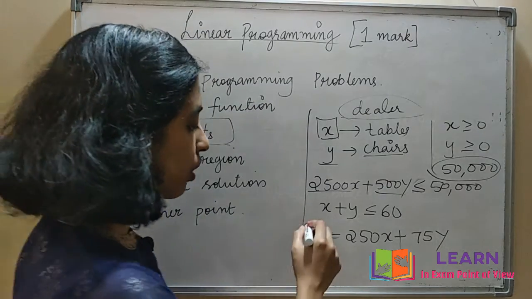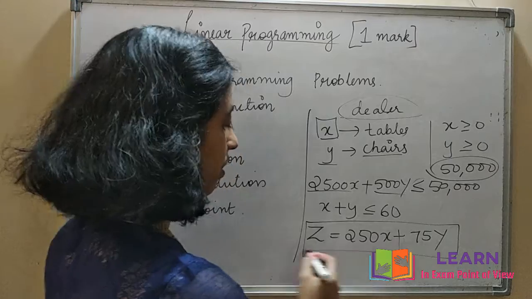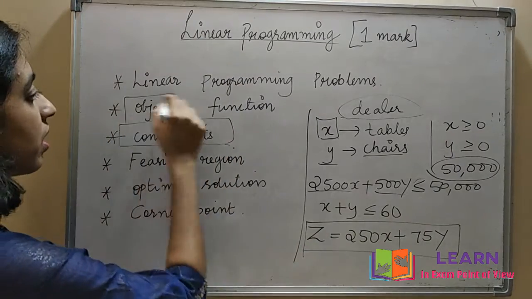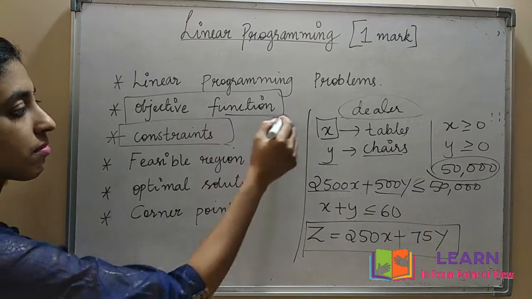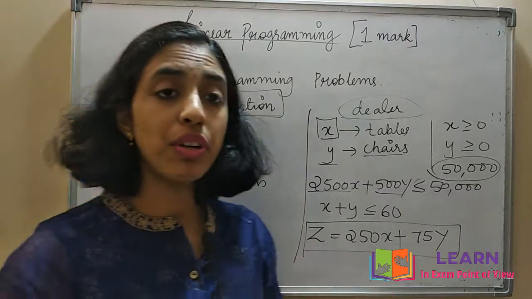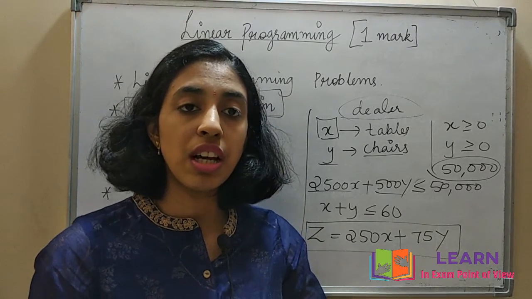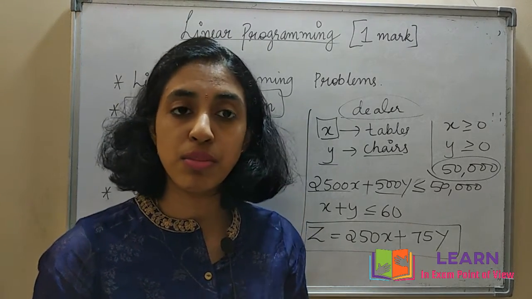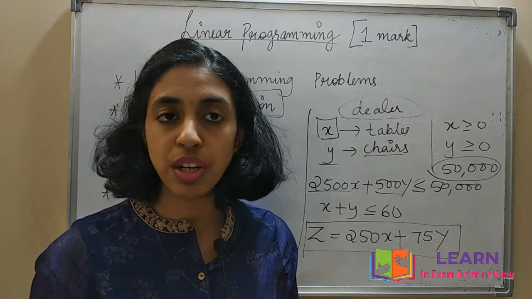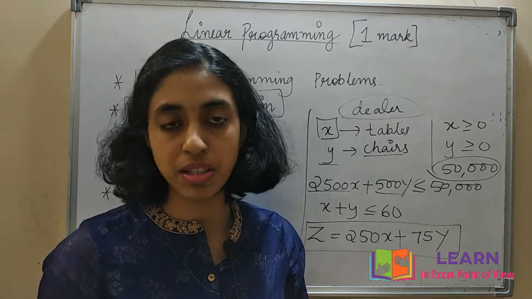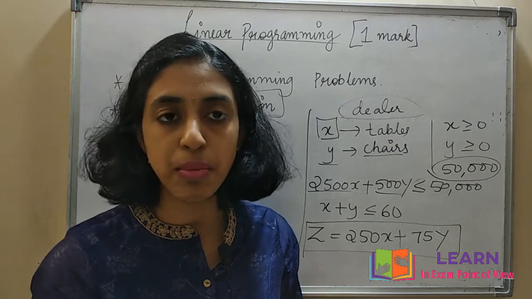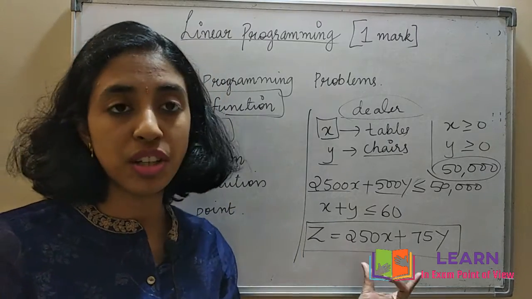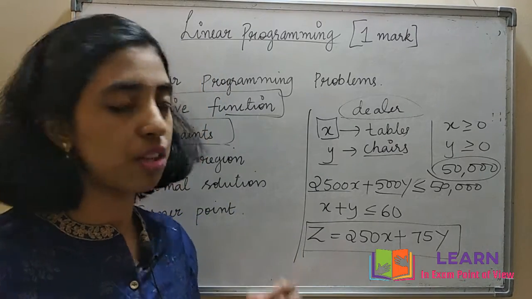So this is called the objective function. Here we will try to maximize this objective function because the dealer should get some profit from the business, right? So we have to maximize the profit.